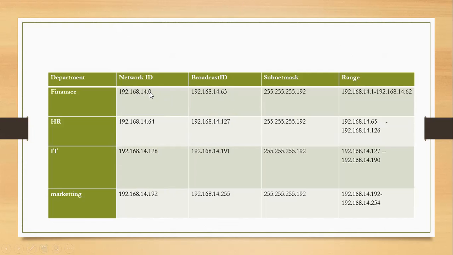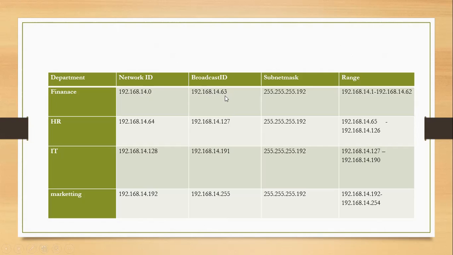As it starts from 0, taking 64 addresses, the broadcast ID is 63.